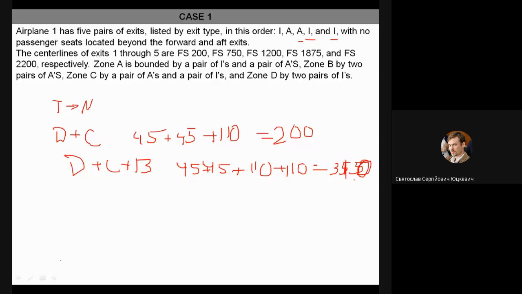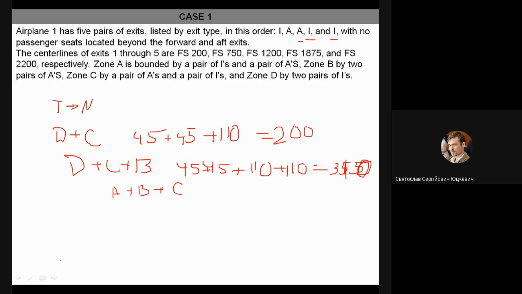My mistake. And for maximum passenger seat configuration, it will be A plus B plus C plus D. It will be 355.